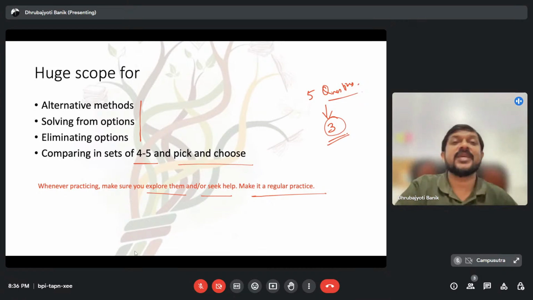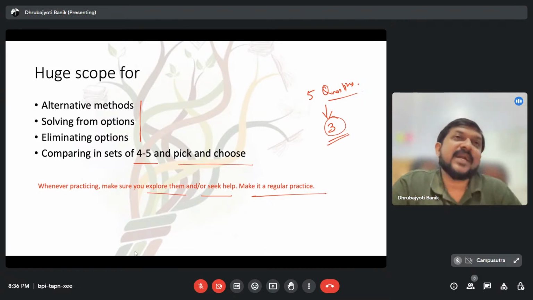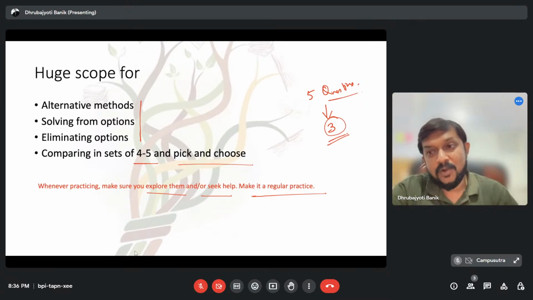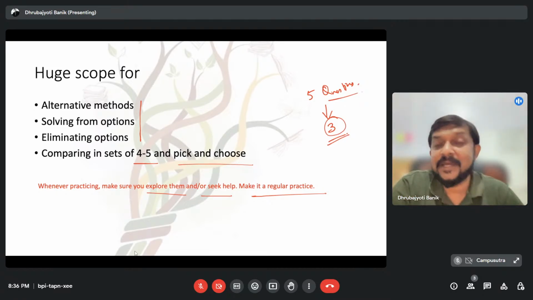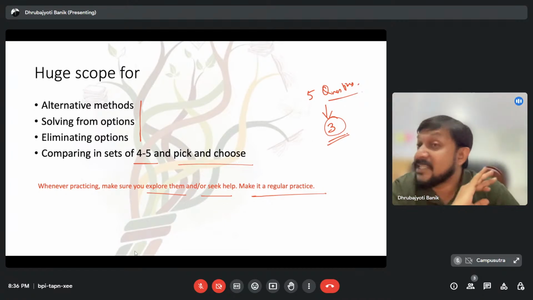But this is something which you will have to do for quant. If you are not doing it for quant and you are solving the question, okay, some people can come to me and say sir I can solve the question, I'm getting the correct answer, that is not good enough for quant. Okay, and that is precisely why I said that if you think that engineers are better in quant and non-engineers are not so good in quant, that is not true.